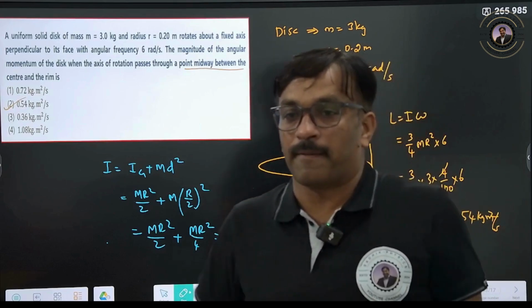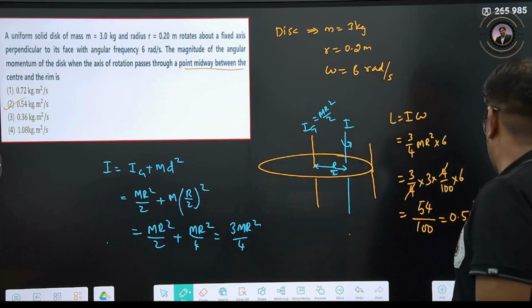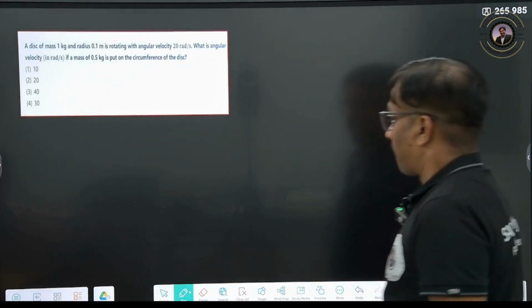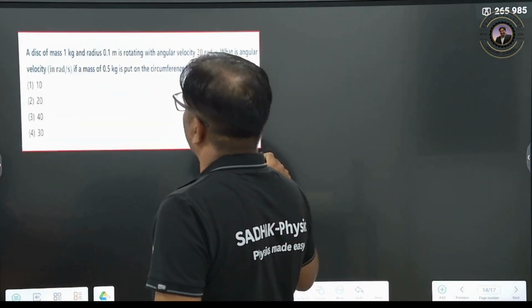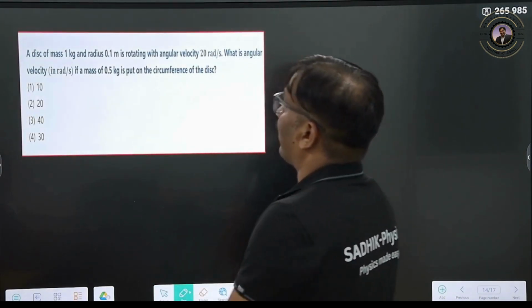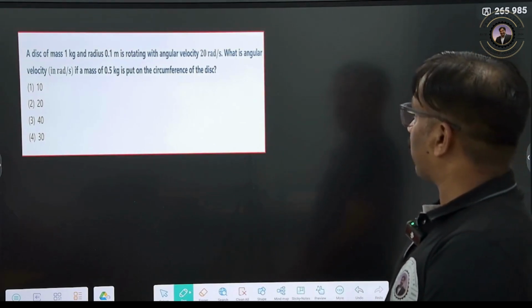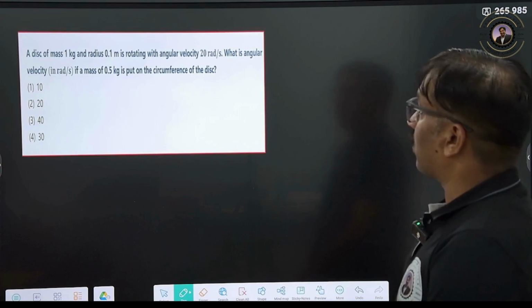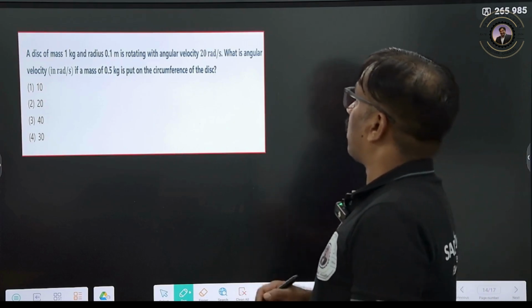Clear? So we'll do one more question here now. A disc of mass 1 kg and radius 0.1 meter is rotating with an angular velocity, and a mass of 0.5 kg is put on the circumference of the disc.